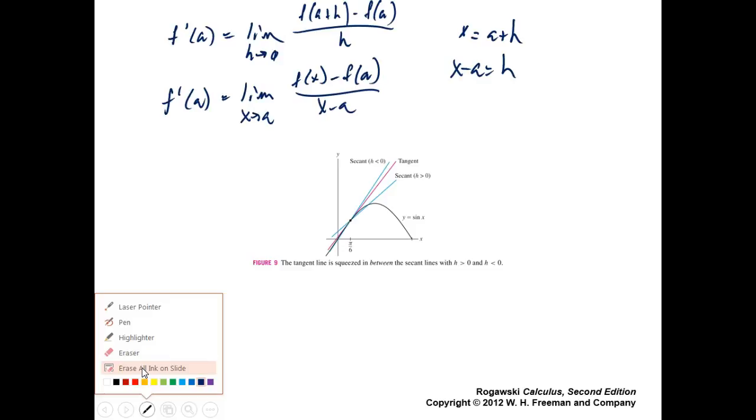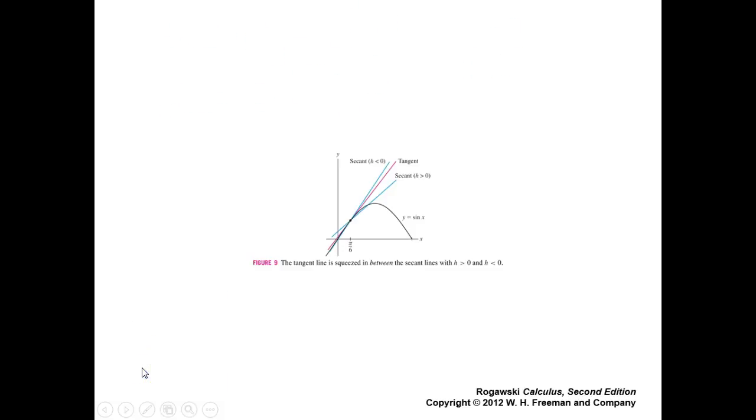Any questions on that before I delete it? Okay. Number 3. Find a and h. So we're looking for a and we're looking for h. Okay?